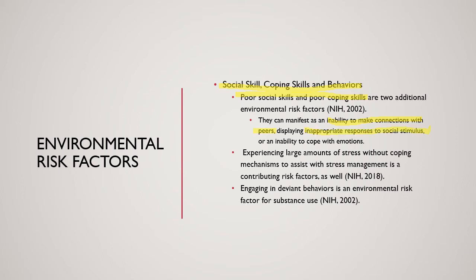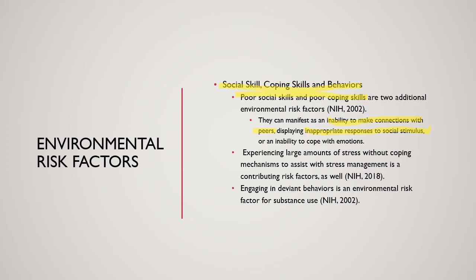For example, if Susie tells Jamie that her dog died and Jamie laughs and thinks it's funny, that could be an inappropriate emotional response to the social stimulus, because a more appropriate response would be to respond with empathy or sympathy, trying to show understanding and support to Susie because her dog died.